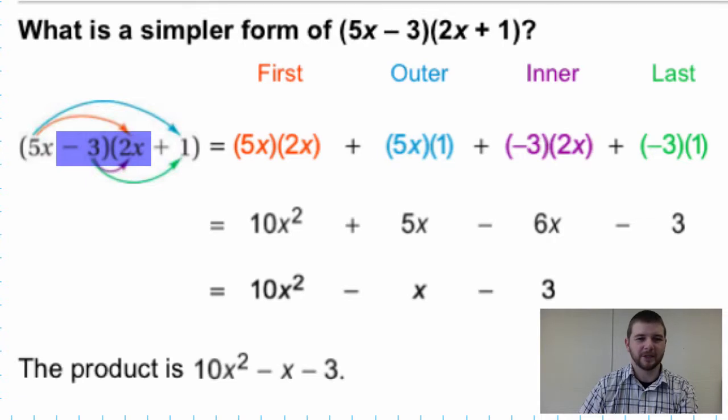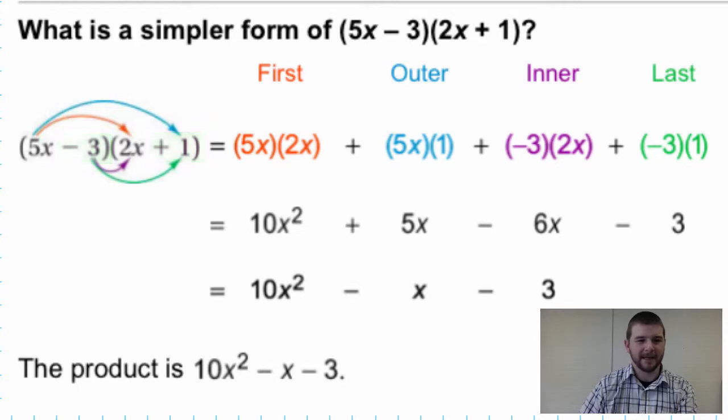negative 3 and 2x would be the inner terms, and finally the L in FOIL is for the last terms, outlined here in green. In terms of each binomial, negative 3 and 1 are the last terms. Again, notice negative 3 is the last term in the binomial 5x minus 3, and 1 is the last term in the binomial 2x plus 1.